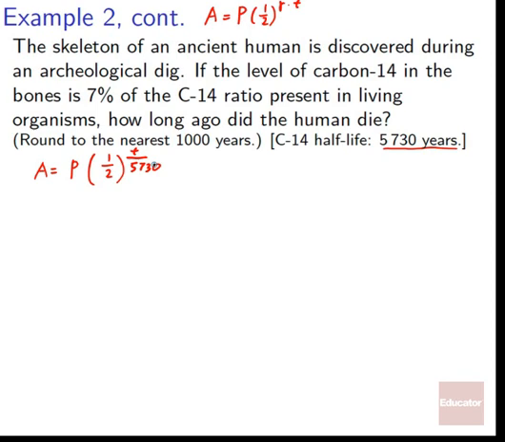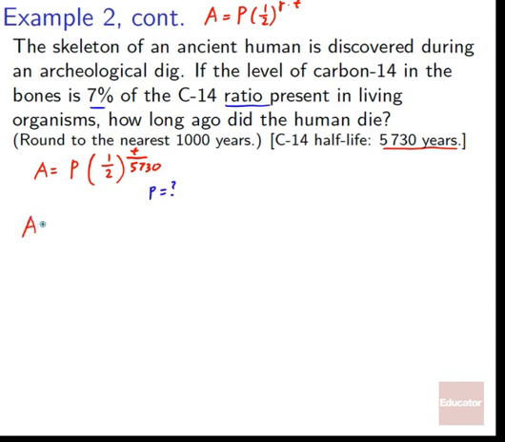Now, what is our P going to be? Well, notice it said the level of carbon-14 in the bones is 7% of the carbon-14 ratio. So we were never given absolute values. We weren't given quantities of carbon-14. We were told ratios. So if that's the case, what would we want the amount to be when t is 0, when the creature was very first alive?